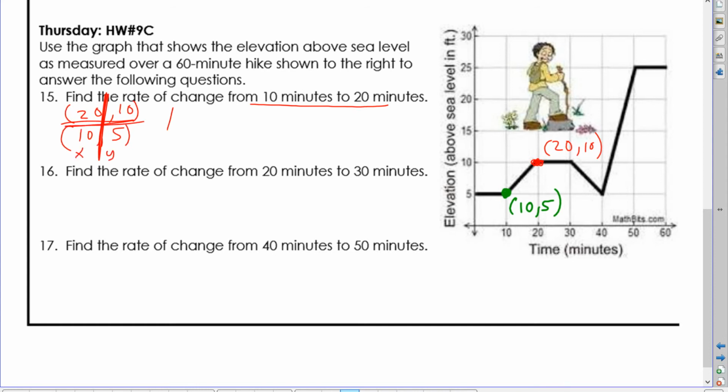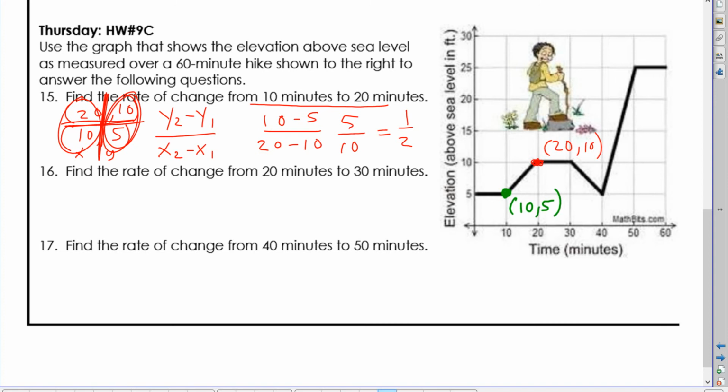So the formula says to subtract the y values and then subtract the x values. So the y values are 10 minus 5 and 20 minus 10 for the x's, right? These are the y's and these are the x's. So 10 minus 5 is 5 and 20 minus 10 is 10, and that reduces to 1/2, right?